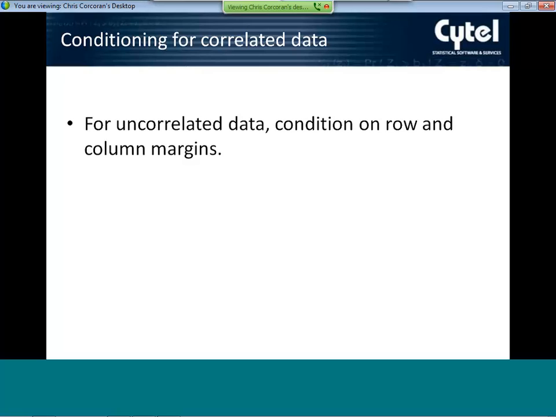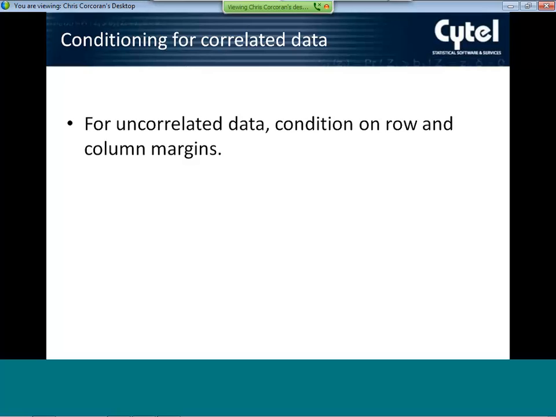But the fundamental argument is that if you condition on the row totals and the column totals, as we did with that tea tasting example, then that allows you to derive a distribution for which these exact probabilities can be computed under a null hypothesis that the row variable and the column variable are not associated. So that's the underlying rationale for these conditional exact tests: we freeze the row margins, we freeze the column margins, and that allows us to compute these hypergeometric probabilities.